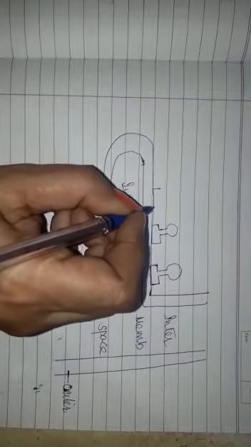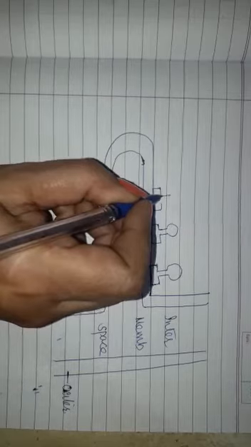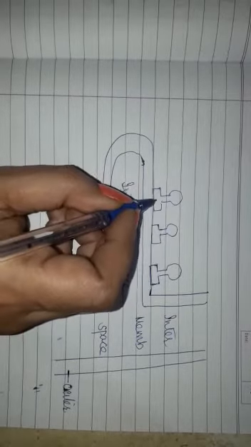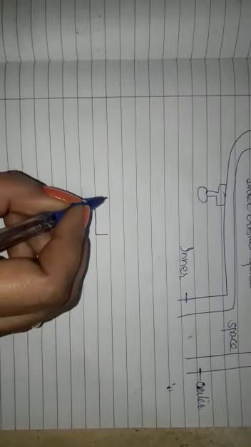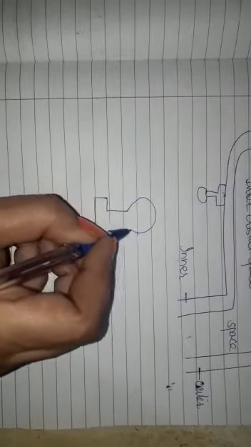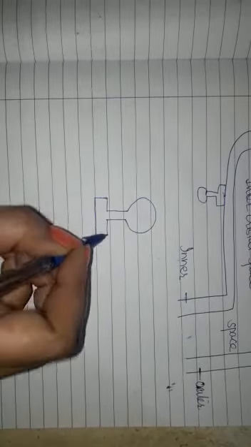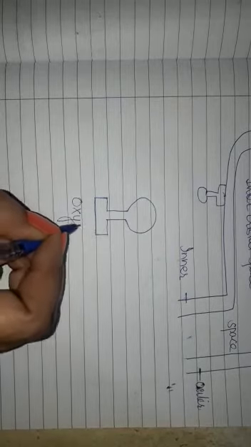All oxysomes have three basic parts: the base, a stalk, and a head. These are present all over the cristae. Let us see the structure of one oxysome: base, stalk, and head.